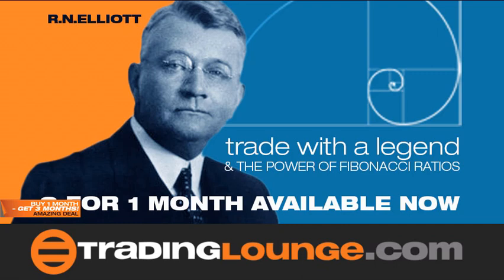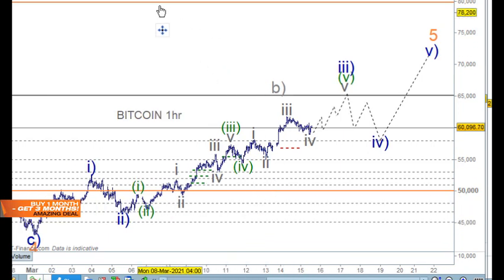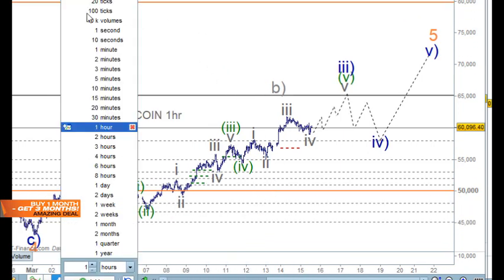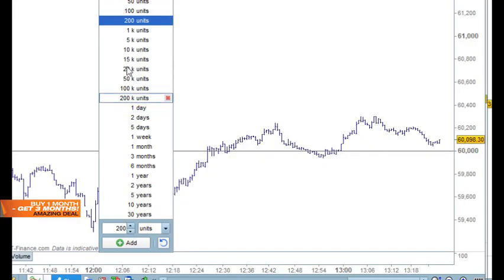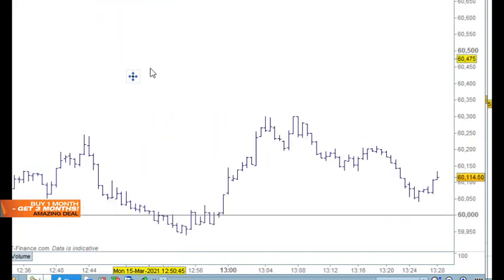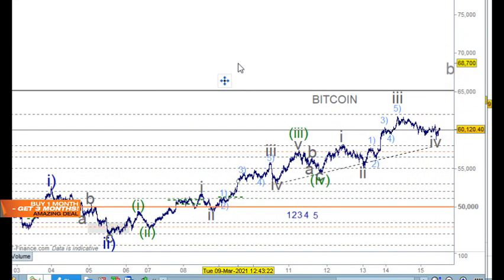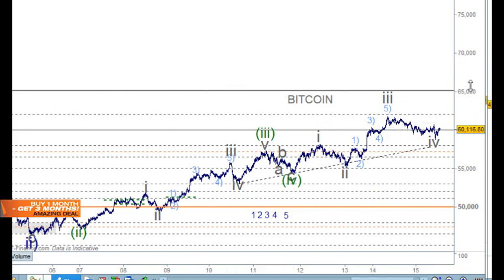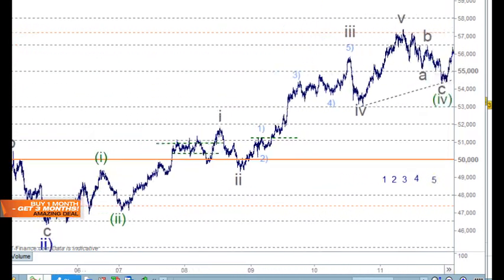So it's looking very nice indeed. And I don't think going to the tick chart is going to help us that much, but it might just give us a little bit of definition on a few things. Not 50 units, that's not going to be any good. Okay, so 1 and 2 there, so that's all good. I'll just double check it while I'm talking.